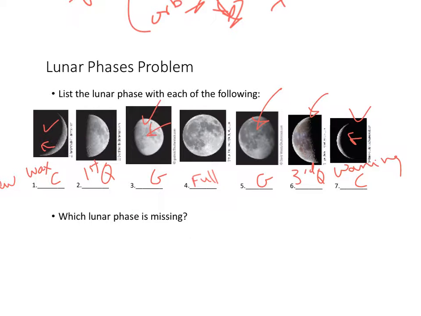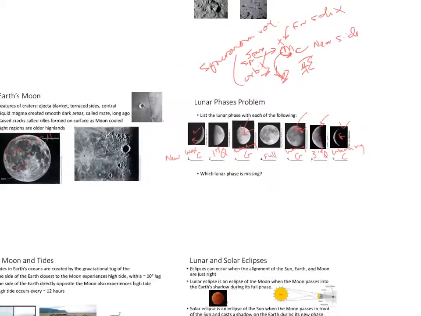So this guy is a waxing gibbous. I can tell because it's going from right to left. It'll keep getting more and more illuminated. And this guy right here is actually a waning gibbous because it's kind of got dark over there on the right. So this is a waning gibbous. So know those.